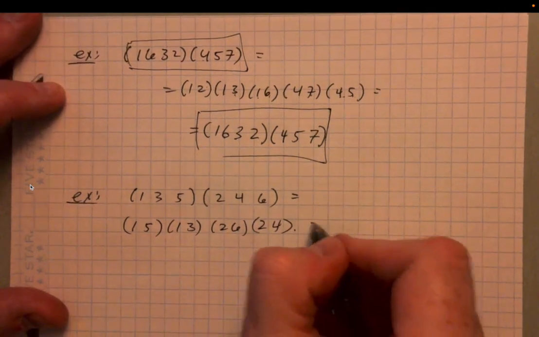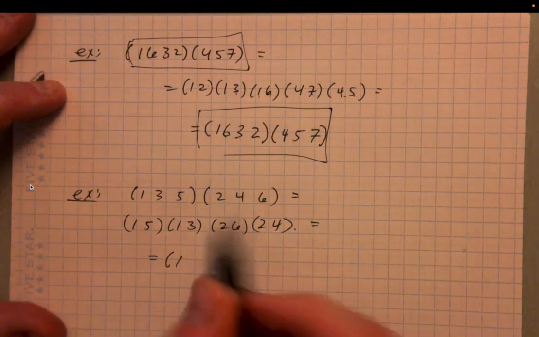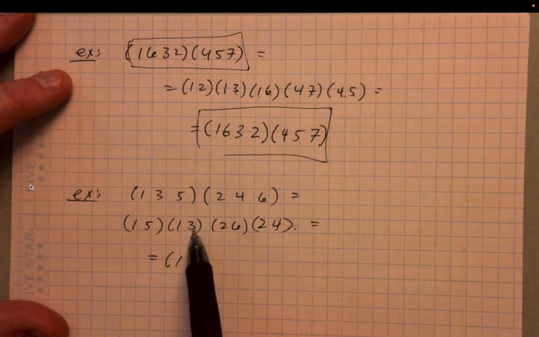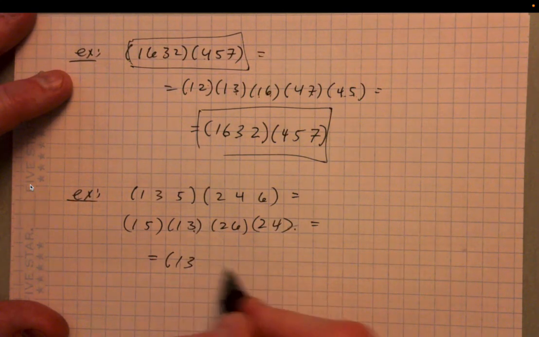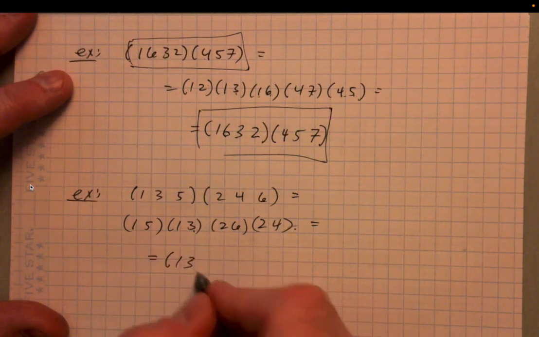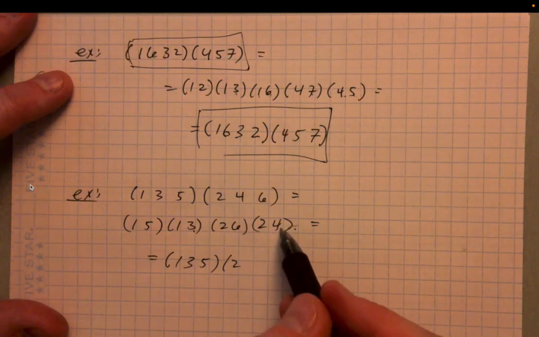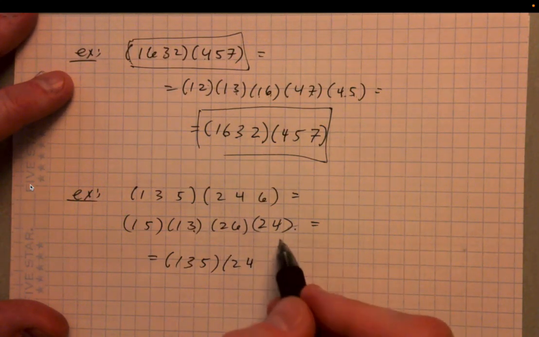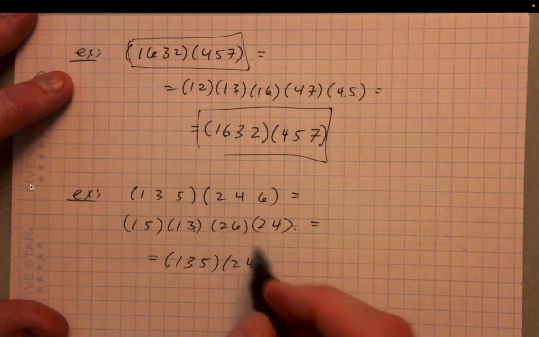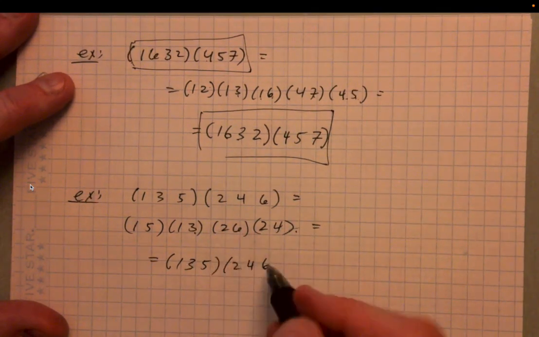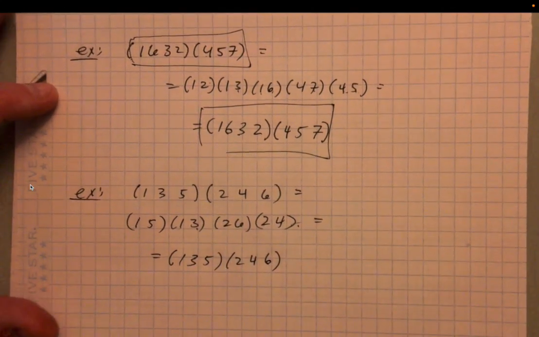Okay, does that one work? Well, let's see. 1 comes in, it goes to 3, 3 comes in, 3 goes to 1, 1 goes to 5. Okay, and then in comes the 2, 2 goes to 4, 4 goes to 2, 2 goes to 6, and 6 goes back to 2. So you get it back.